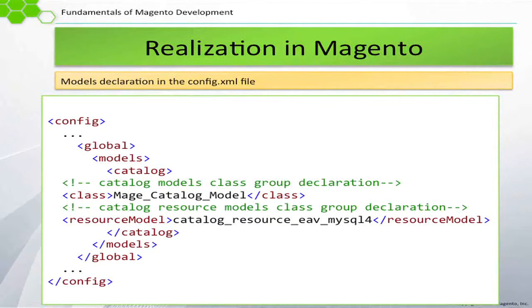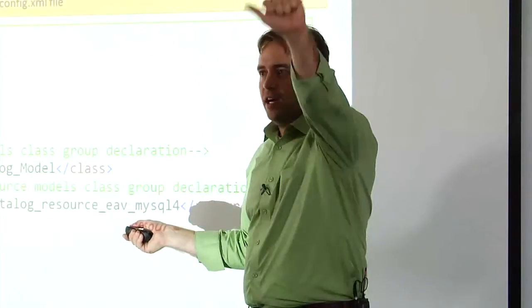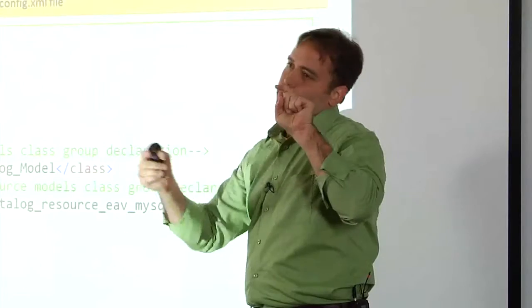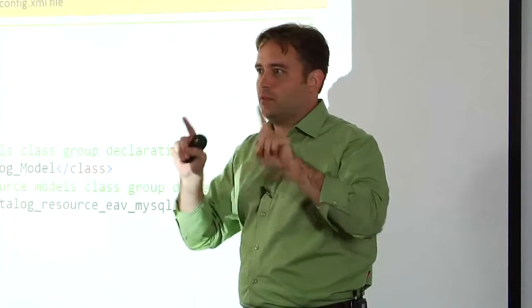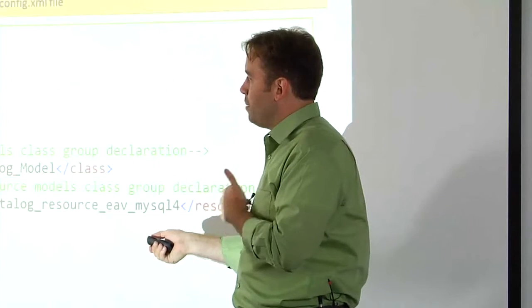Config global models. There's config global models, config global helpers, and config global blocks. This is why those folders are up to you what you want to call them. This right here is the prefix. And because name and position in the file system are one and the same, this always will map to a file system.